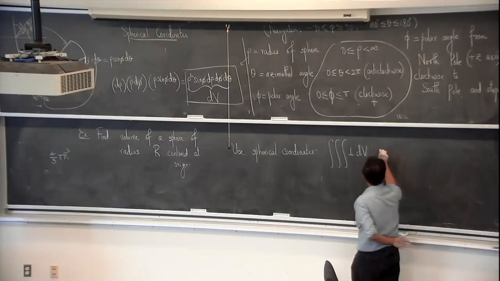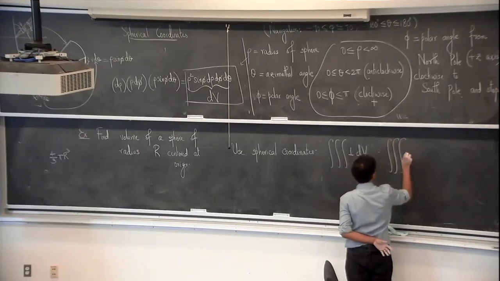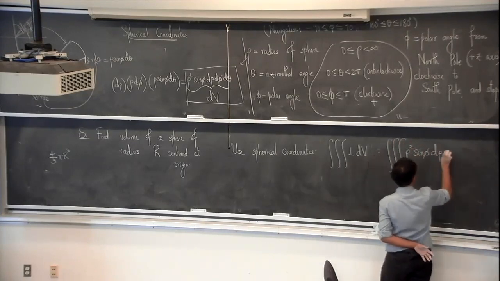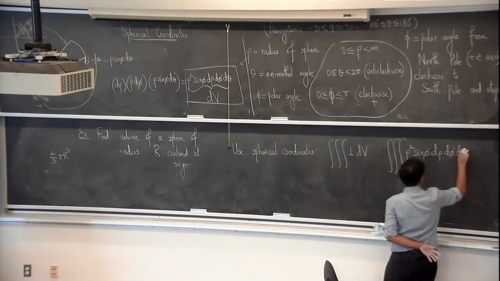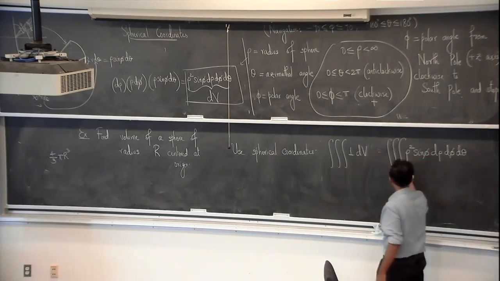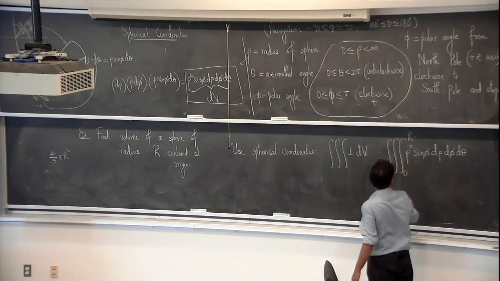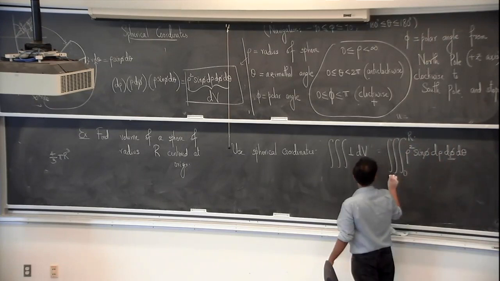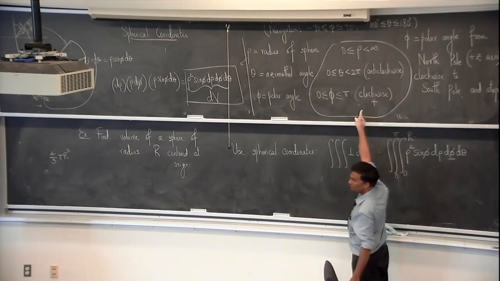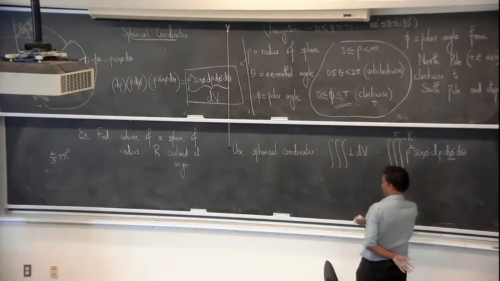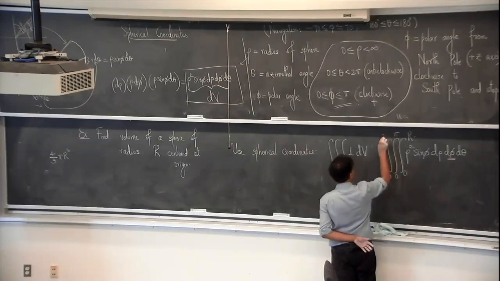So it's rho squared sine phi d rho d phi d theta. Just make sure that you put the appropriate limits. It's a full sphere, so the radius goes from 0 to r. The second variable I put here is phi, so phi goes from 0 to pi. Don't forget, phi is the polar angle. And theta sweeps through the entire circumference, so it's 0 to 2 pi.